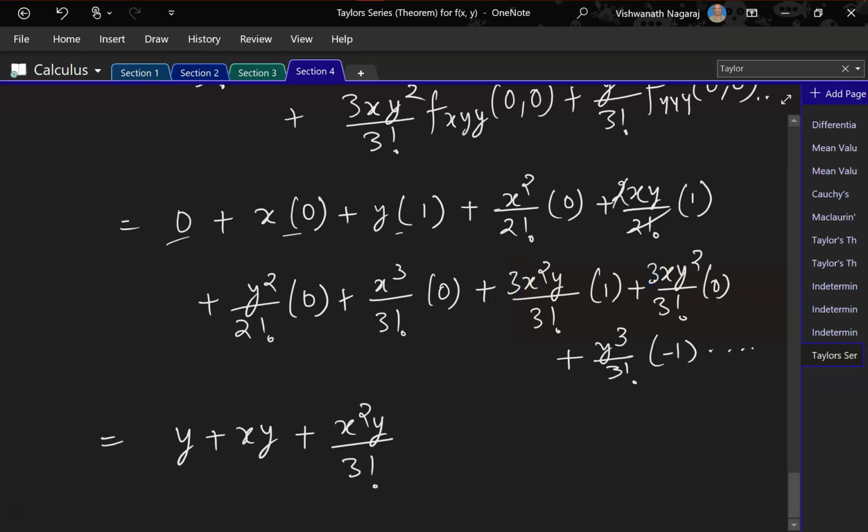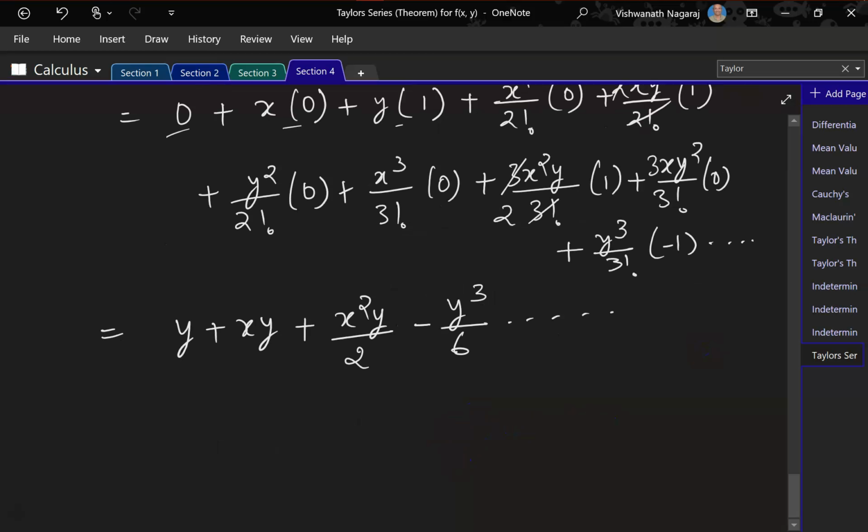So here 3 factorial and 3 get cancelled and you are left with 2. So this will be plus 0 and here it will become minus y cube by 6 and so on. Okay, so this is the Maclaurin series or a special case of Taylor's series.